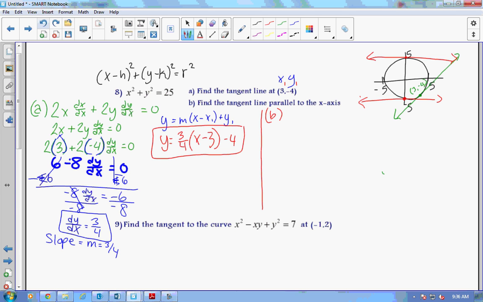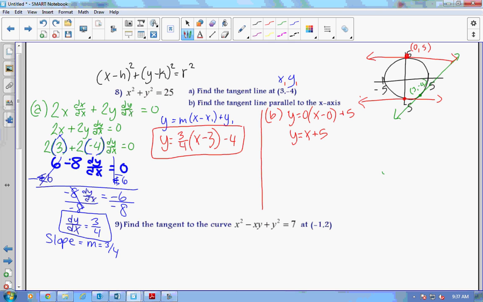Well, we know the slope parallel to the x-axis is 0, right? So y equals 0 times x minus, which one do you want to do first? The positive one? Let's do the positive one. This is the point (0, 5), so the x would be 0. Plus 5, we have y equals 5.